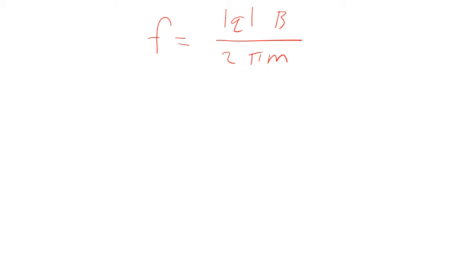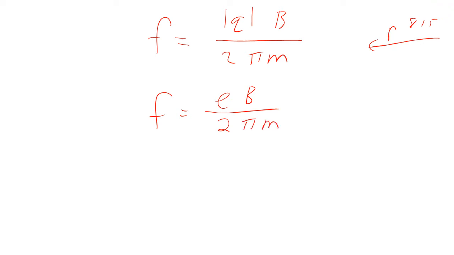Where q is the magnitude of the charge, so since we're doing electrons, this is going to be eB over 2 pi m. So there we have the basics.